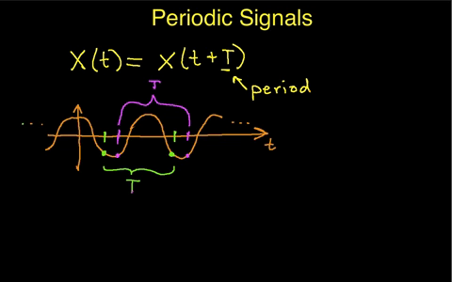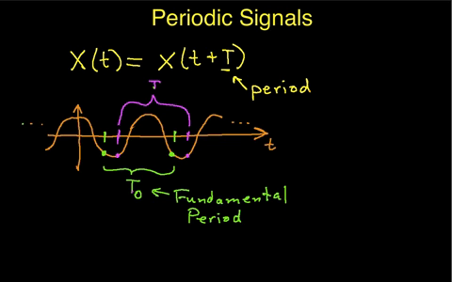Now, it turns out that we're usually interested in what's called the fundamental period. So I'll add a 0 here because this is actually the fundamental period. And the idea is the fundamental period is the smallest distance you can shift the signal and have it look the same.